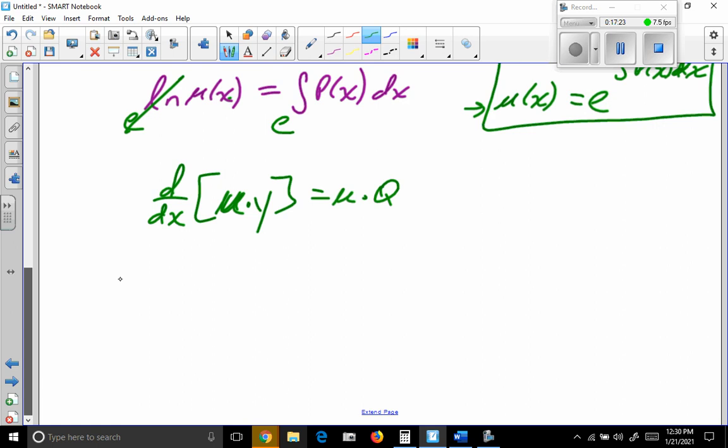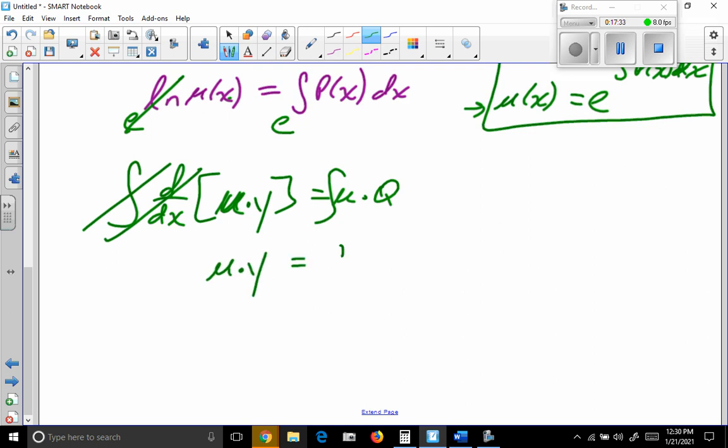So if we're wanting to solve for y, we can integrate both sides. Integral and derivative will cancel. We integrate mu of x times q of x dx. And once we integrate that, divide both sides by mu of x, and that will give us y.